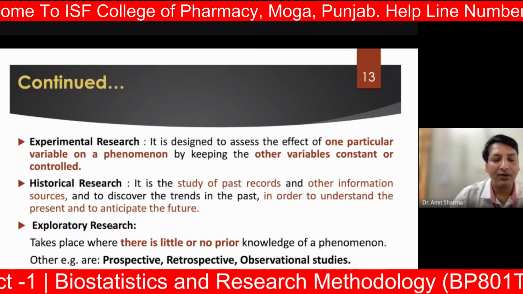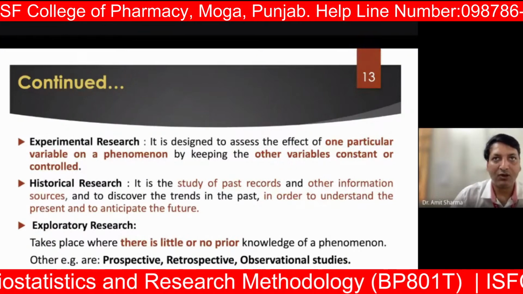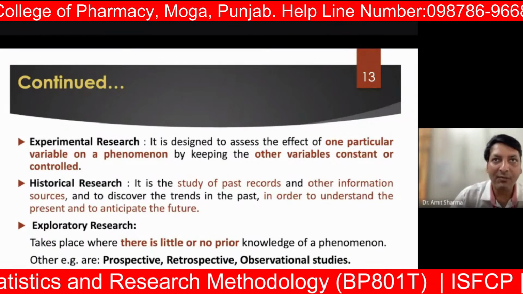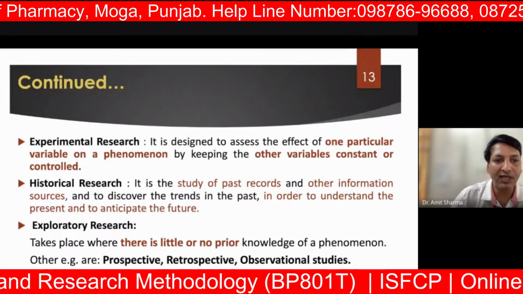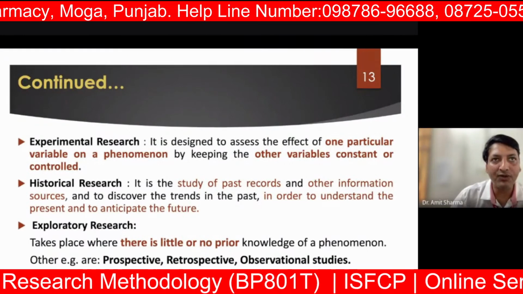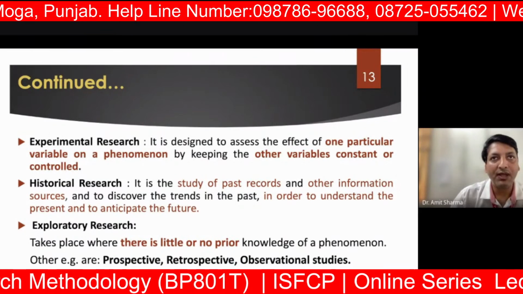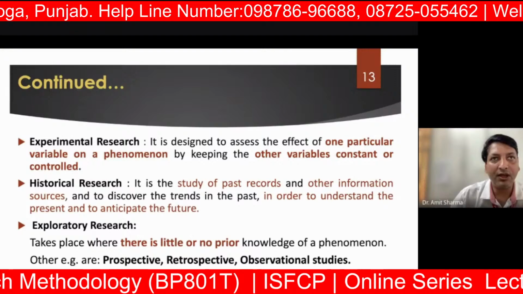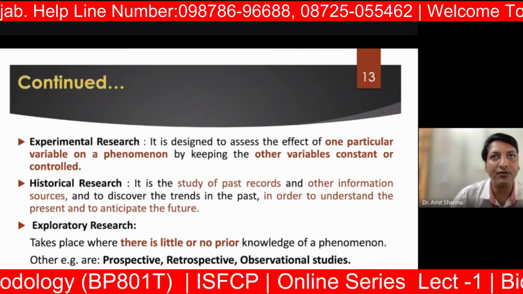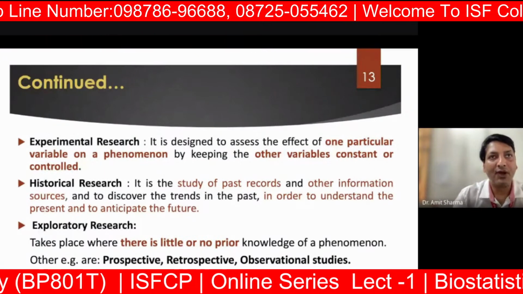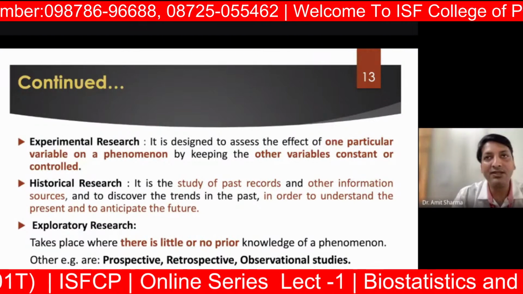For example, you can add the term descriptive, quantitative, qualitative, fundamental, applied, exploratory, experimental, historical, like this. Out of these words, you can add one word in your title, so that other persons who are going to refer to your work, who are going to read your paper, can find out what exactly you have done by reading just your title.